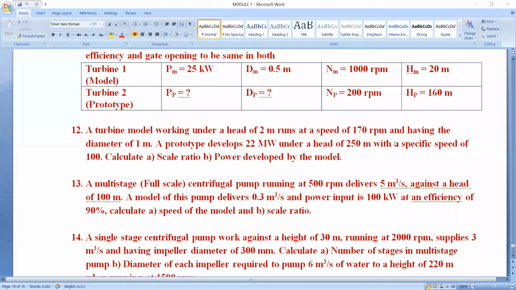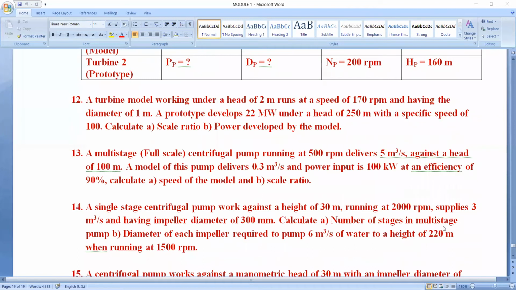So can you see the screen here? Yes, sir. Okay, now write down problem number 12 as well as 13. Make it fast.